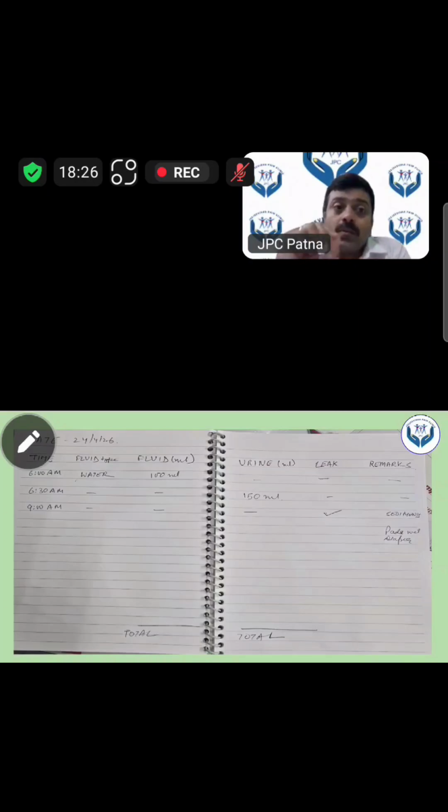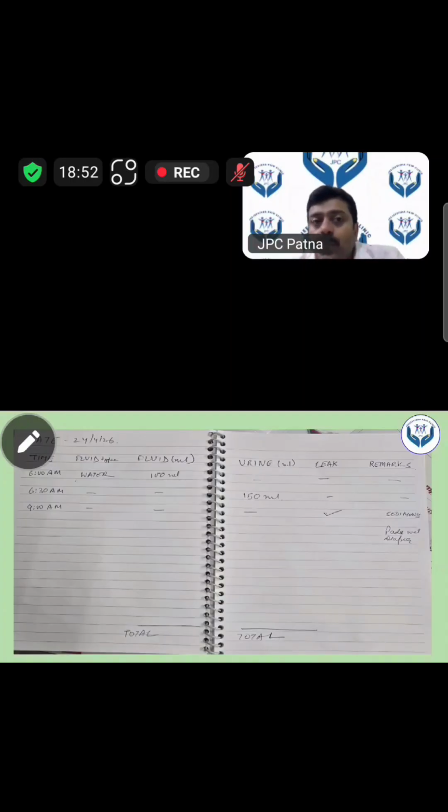Around 6:30 a.m., suppose the patient voided around 150 ml, there was no leak. Suppose the patient says he had a leak at around 9 a.m., just ask him to make a tick mark and write it down. If the patient follows this, for 24 hours you have to calculate the total fluid intake, and then the total urine output.